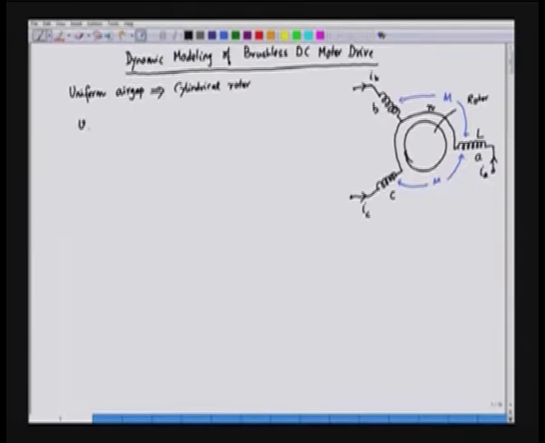Now if we write down the dynamic equation of phase A, we will say the following, that the voltage VAN is equal to, each phase is having a resistance, that is RS.